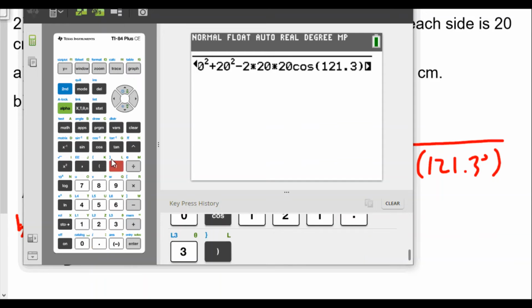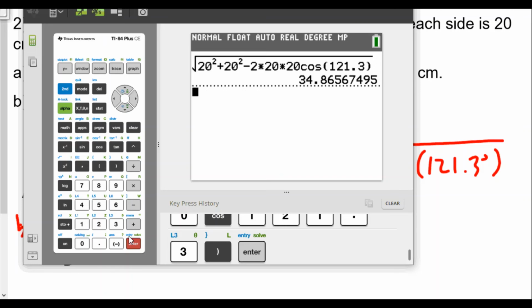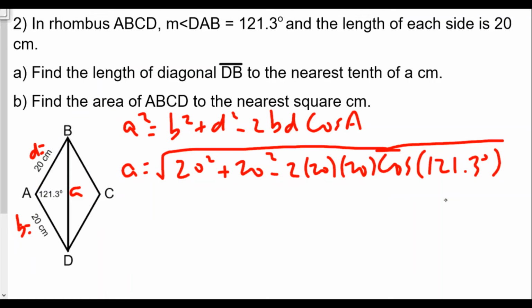Again, you have to make sure you're in degree mode. We enter this in the calculator and we will get 34.86567495. But we want to find the nearest tenth, so we're going to round this to 34.9 centimeters. So a equals 34.9 centimeters.